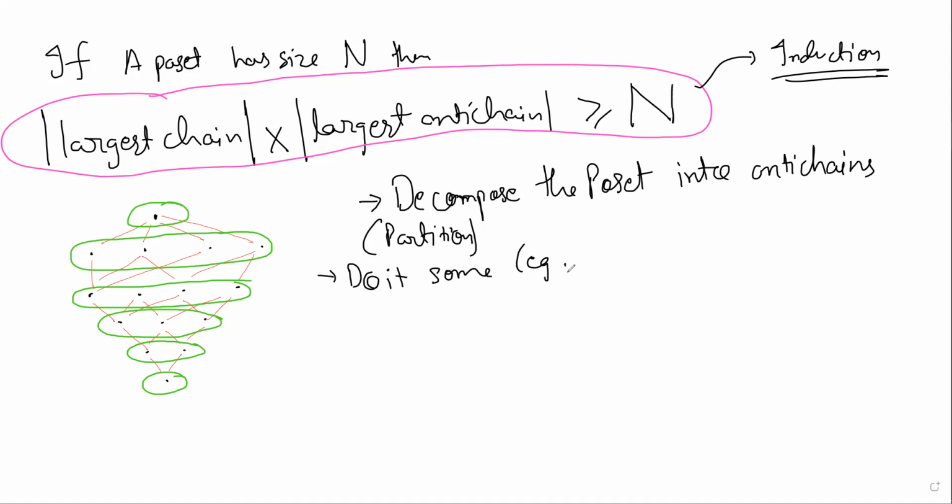Take the example on the left. Just pictorially, you go by what you see. How many antichains are needed? In this particular one, 1, 2, 3, 4, 5, 6.